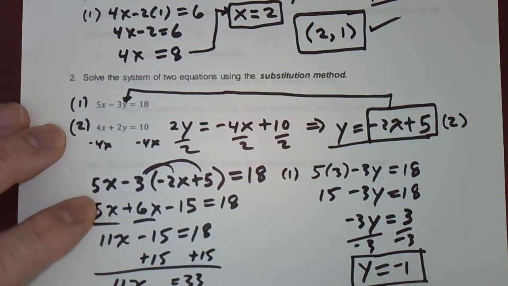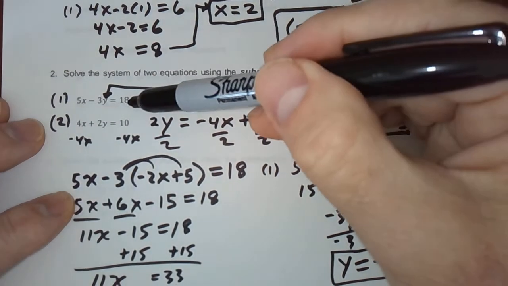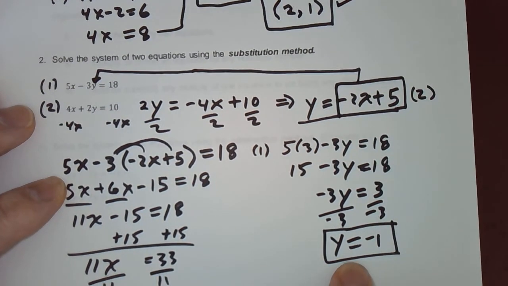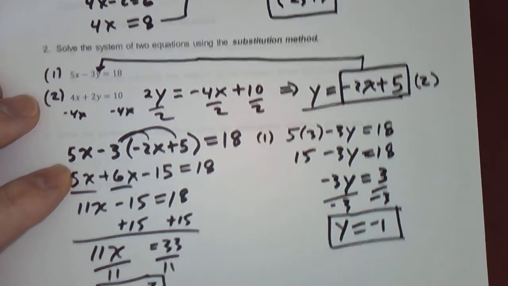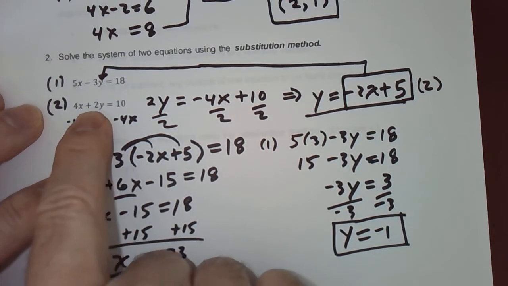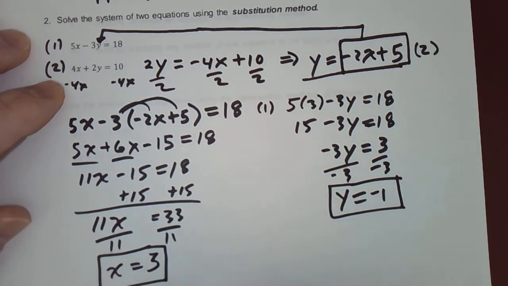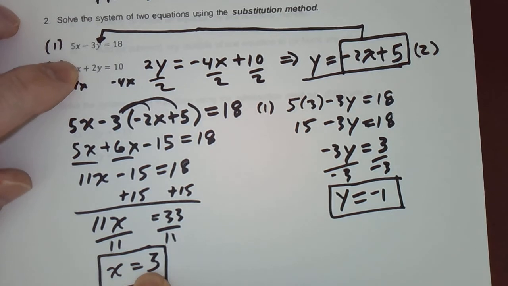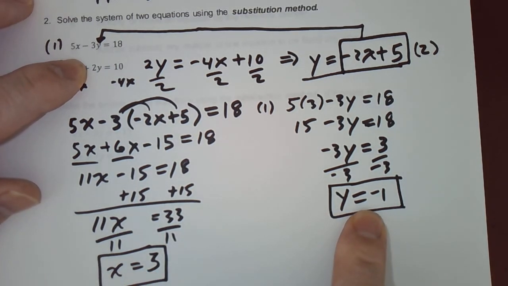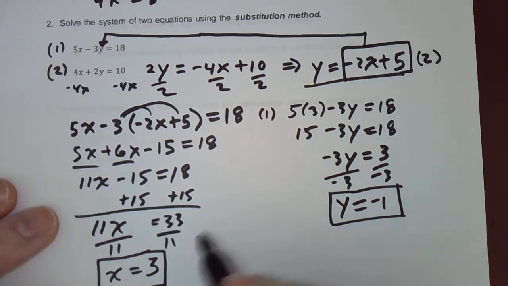Now, let's check it with the other equation too. You should plug it into both equations. We used equation number 1 to compute y equals -1. So let's plug x equals 3, y equals -1 into equation number 2 just to verify our results. 4 times 3, x is 3, is 12. 2 times -1 is -2. 12 plus -2 is 10.